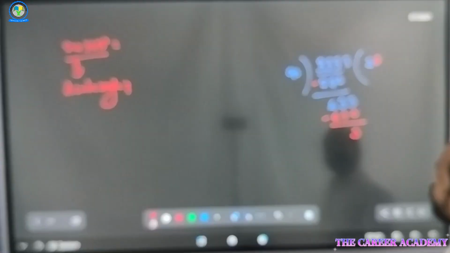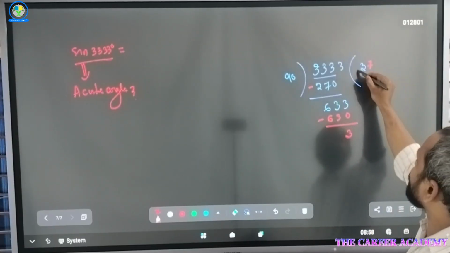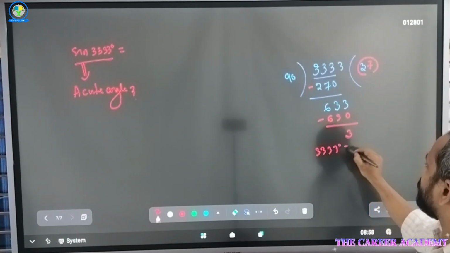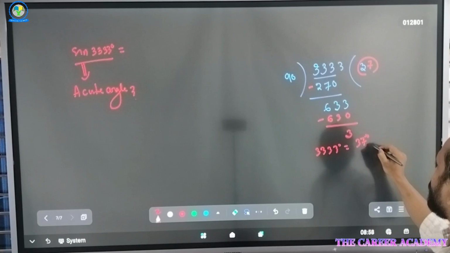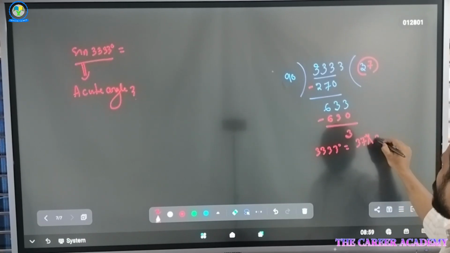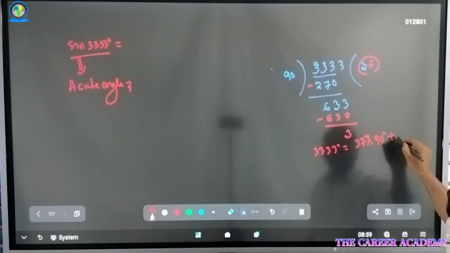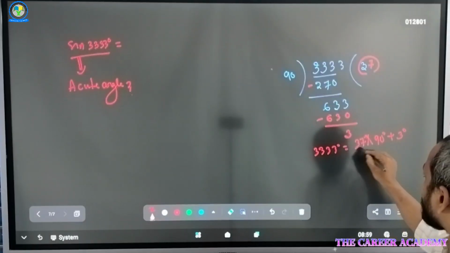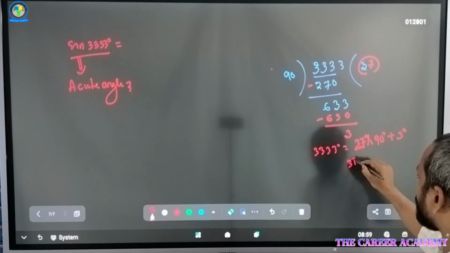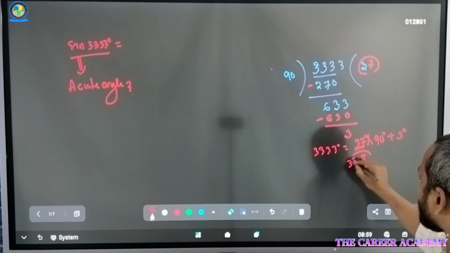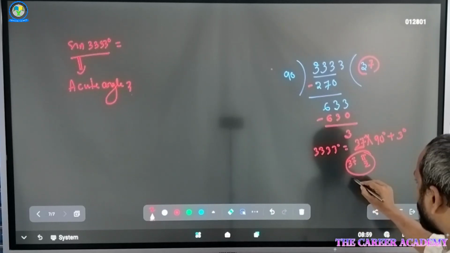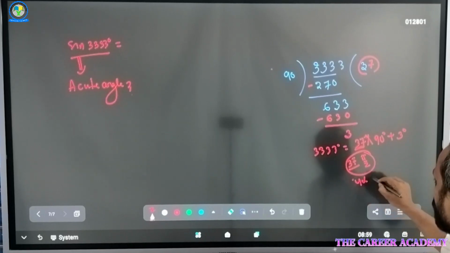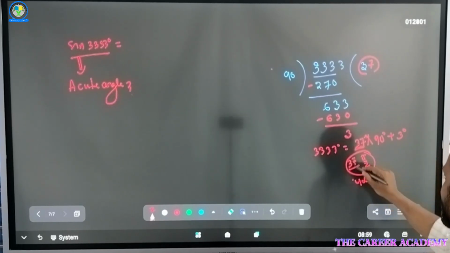Clear, students? So we are getting 37. That means 3333 degree is written as 37 into 90 degree plus 3 degree. Now it is 37 pi by 2, and 37 pi by 2 behaves as 4n form. You break it: 4 into 9 is 36.